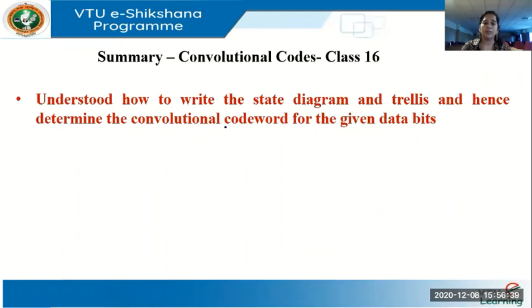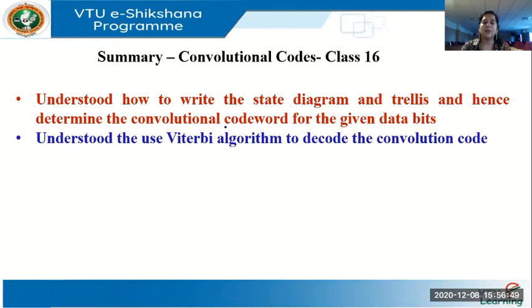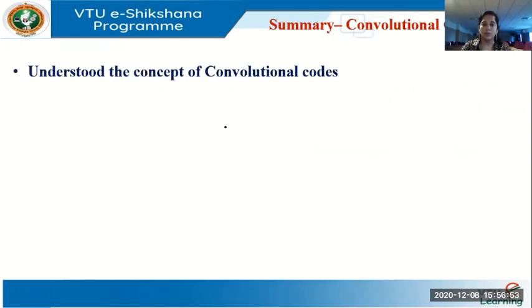So as a summary, we understood how to write the state diagram and trellis, and how to determine the convolutional code word for the given data bits. We also understood the Viterbi algorithm to decode the convolutional code.